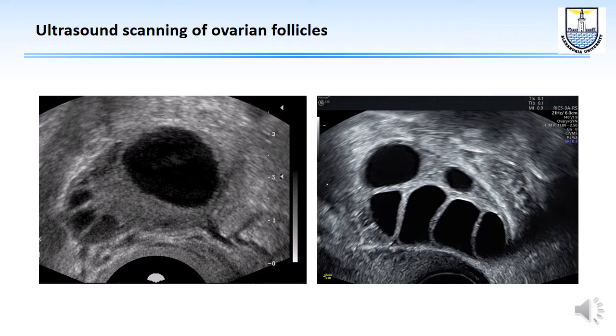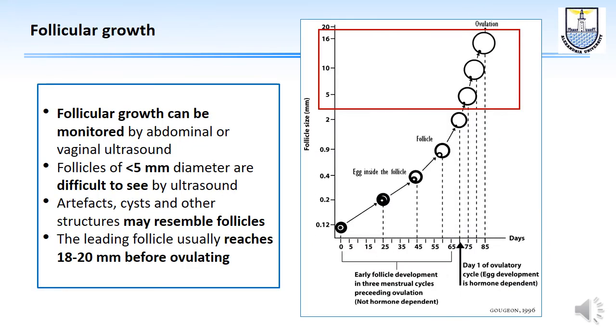And by doing this, either abdominally or vaginally, we can see the small follicles, and then we can follow them until they are about to ovulate, and then they ovulate. And this is the growth of the follicles. We cannot see follicles less than 5 millimeters.